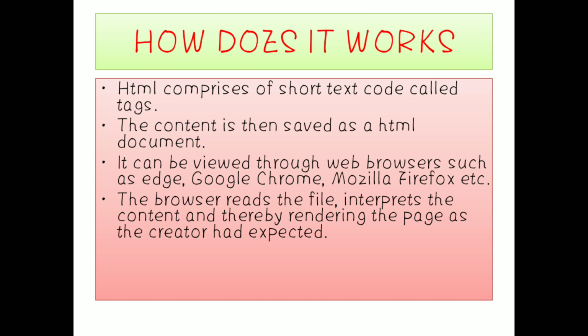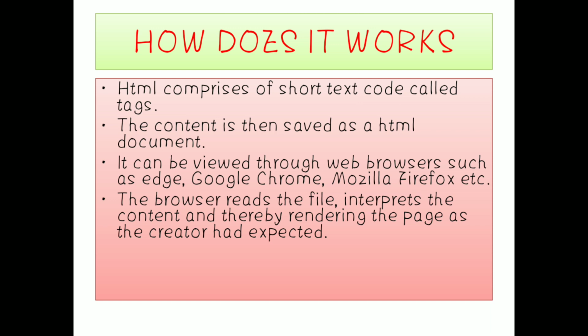Okay, children. What is the use of these web pages? We should know that also, no? HTML is there. We are getting the output from the browser. But what is the task that the browser does in this HTML program? Let us see. It first reads the file and interprets the content.